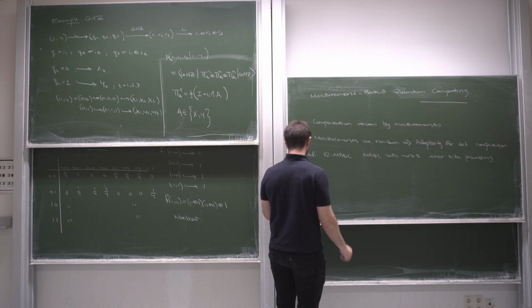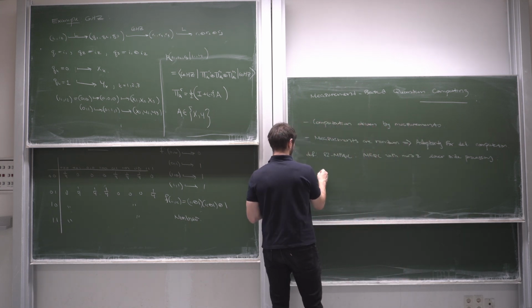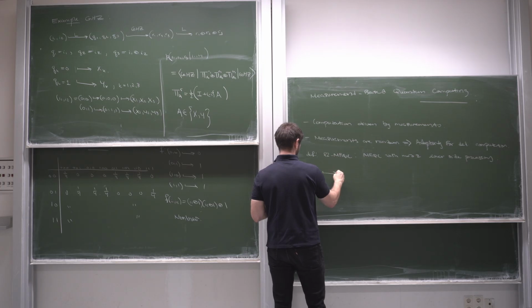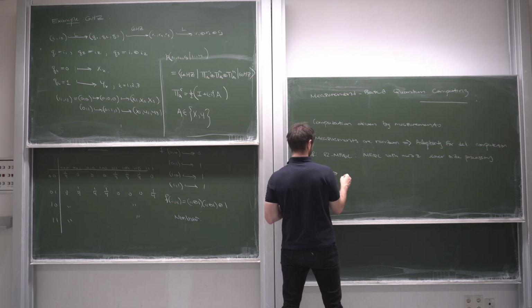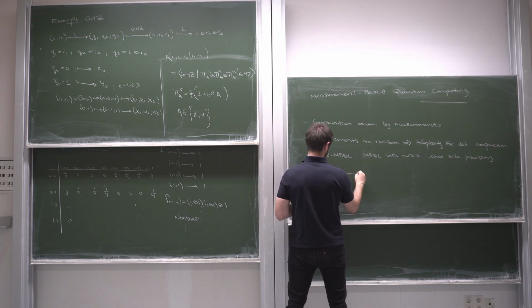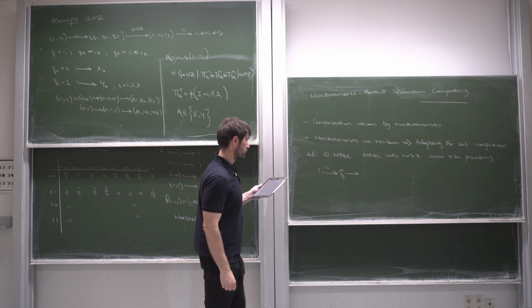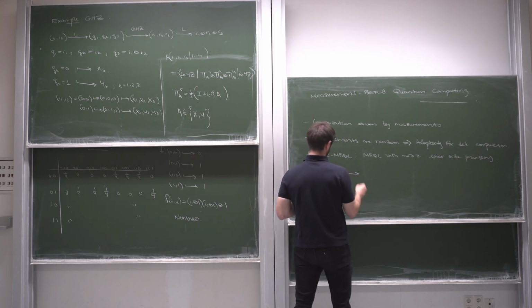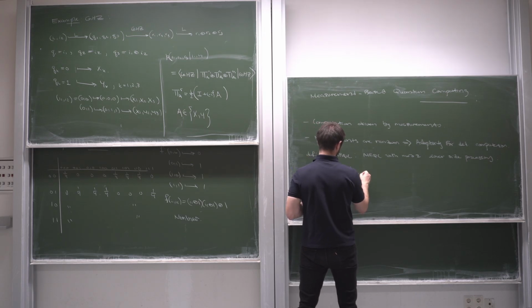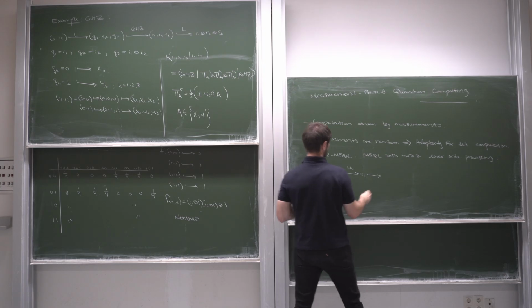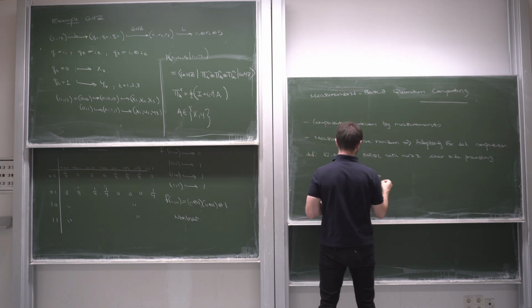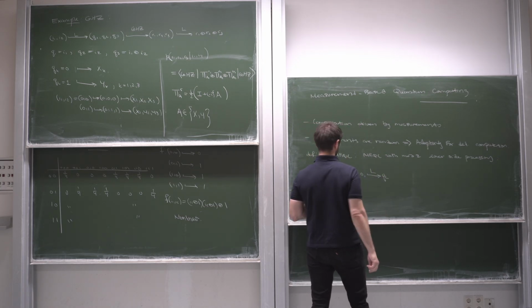Schematically, that might look something like this: you have some input, then you determine the input settings using L. Maybe you do the first measurement on the resource state, you get the first outcome, and then based on this and some linear side processing, this determines the second input.